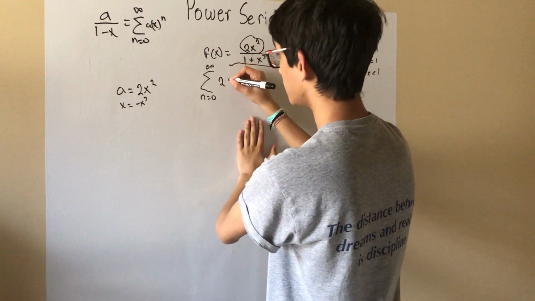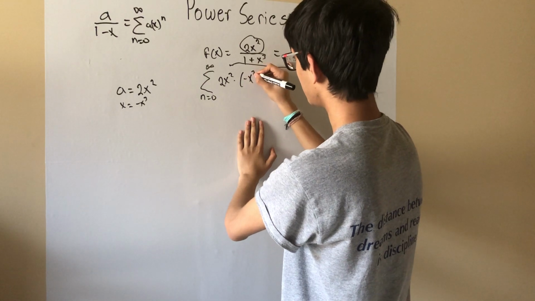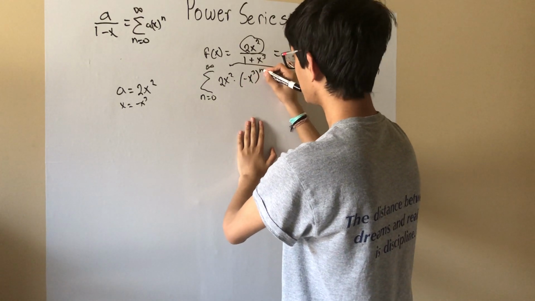So now you get 2x squared times negative x cubed to the n.